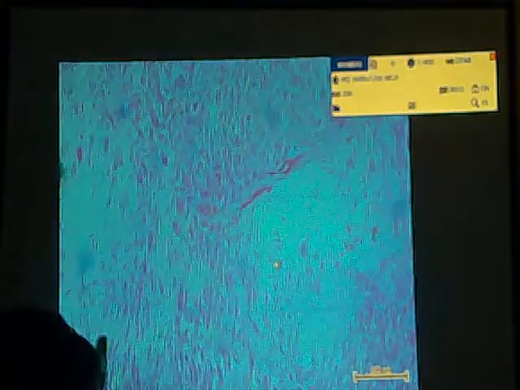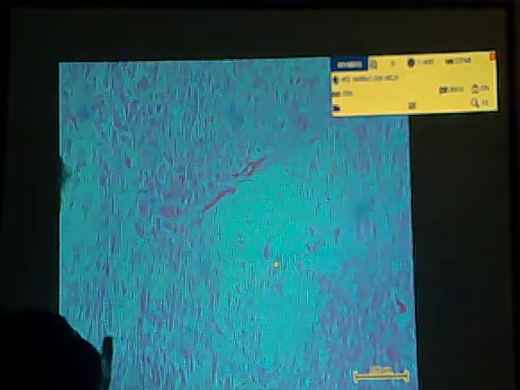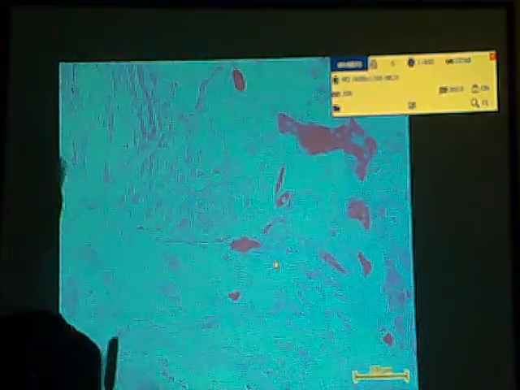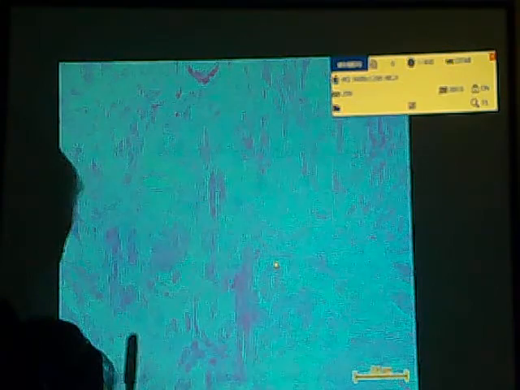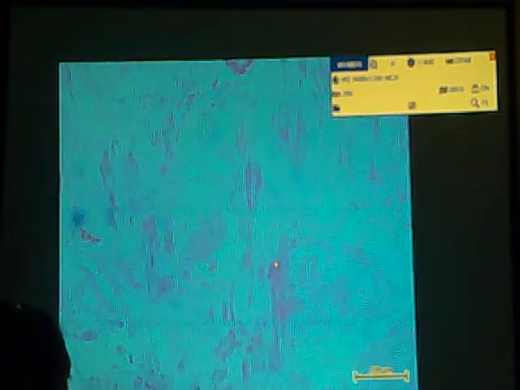So when you say it's atrophic, it should be smaller than the usual. However, it is difficult to identify the atrophic myocytes. Or maybe this few scattered strands here of your smooth muscles, cardiac muscles.